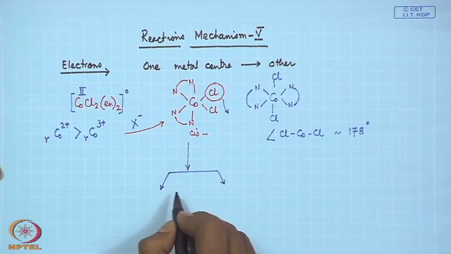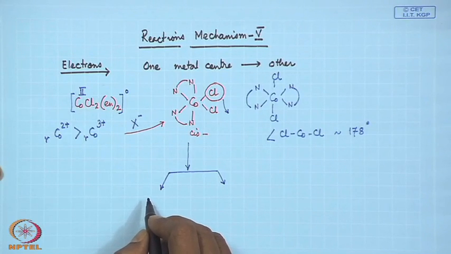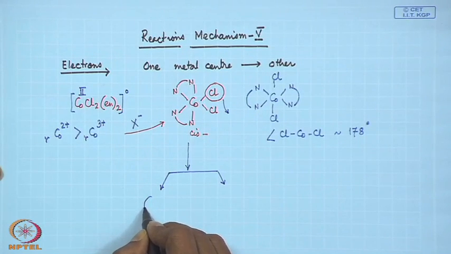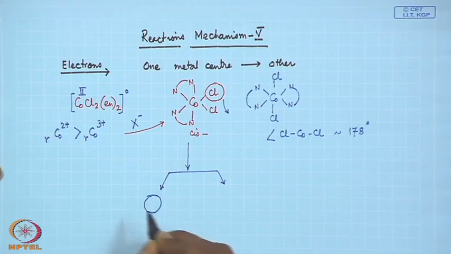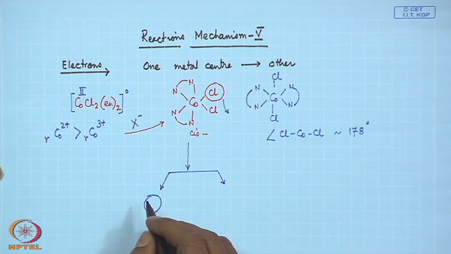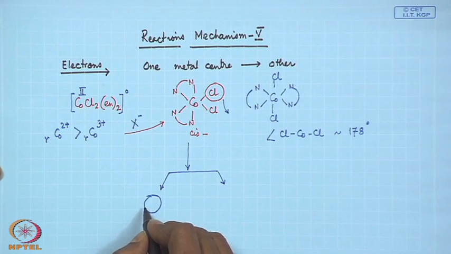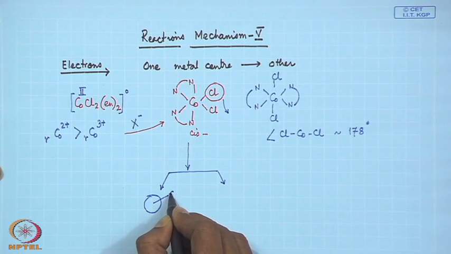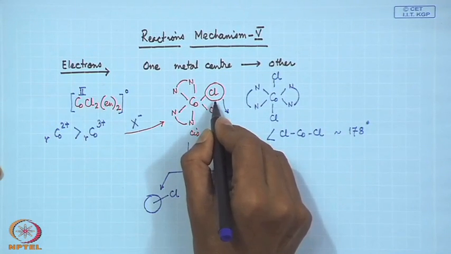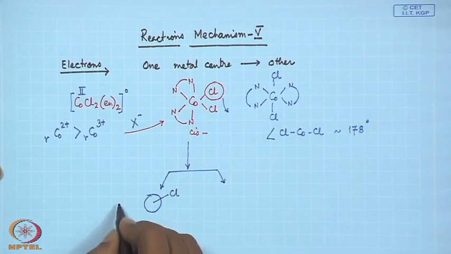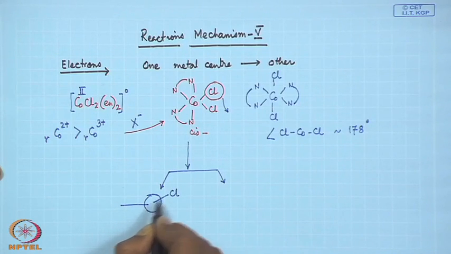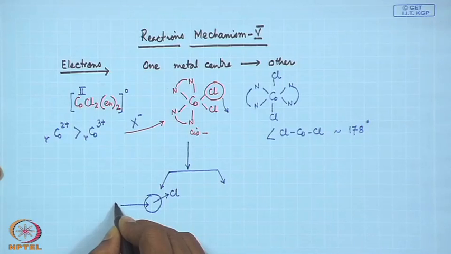So, we expect that the size of the atom can accommodate something, that means this Cl can go away and our incoming X is coming to attach to the cobalt center.